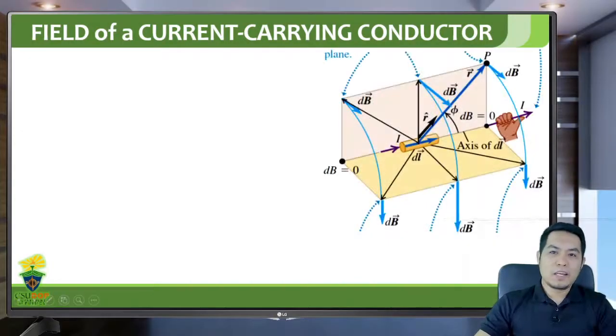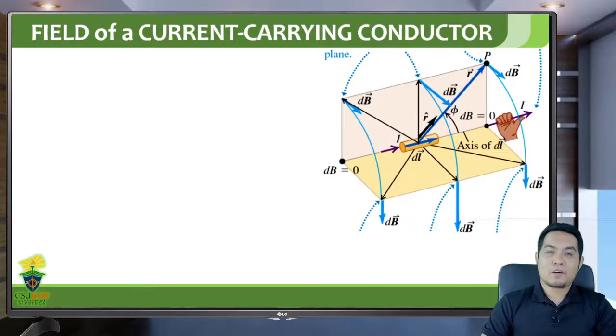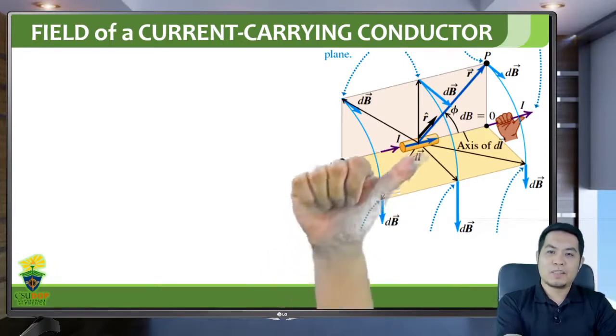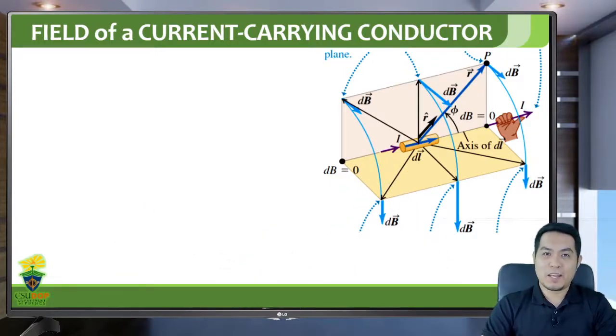Similarly, in the same manner, the direction of the magnetic field in a current carrying conductor obeys the right hand rule. In this case, we don't need to reverse any directions, unlike in the moving charge when you have a negative charge.